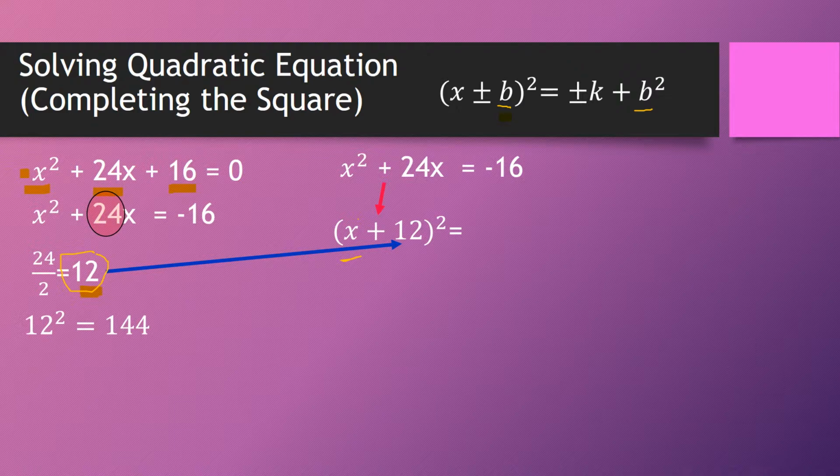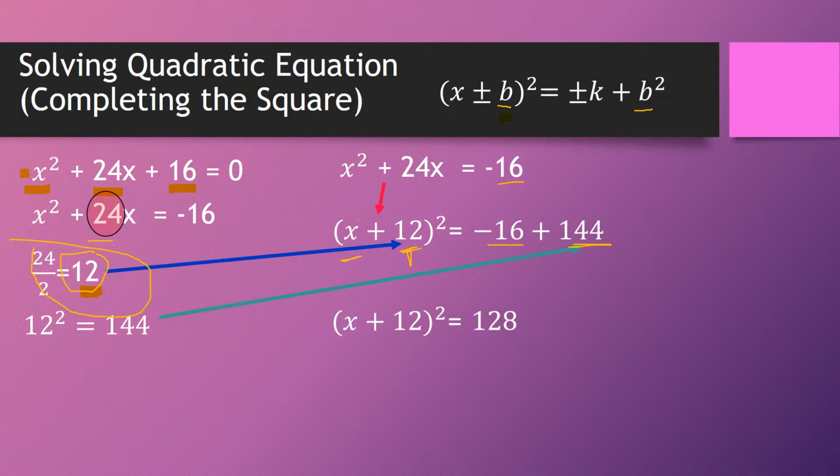The result of 24 divided by 2 is 12. Now, 12 is the value of b, equal to negative 16, the value you had before, and 144, this value is 12 squared. And now you add negative 16 plus 144 is 128.